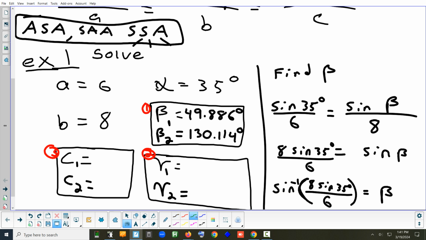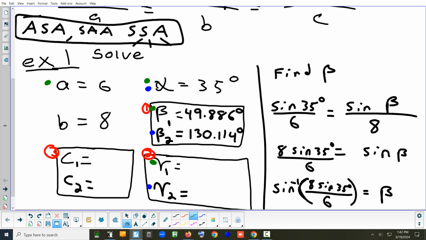All right, now, in terms of the two problems we're doing, alpha, beta 1, and gamma 1 are three of the angles in the first problem. Alpha, beta 2, and gamma 2 are the three angles in the other problem. Alpha is shared. It's in both. And same thing with the sides.